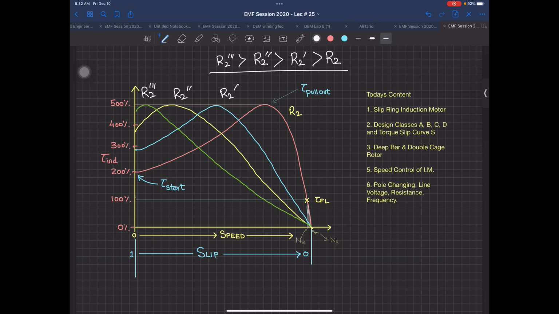But BLDCs use permanent magnets, and the cost of the magnets is 50% of the cost of the whole machine. So if a machine is supposedly $100, $50 of that is for the permanent magnets. And sadly, China has control of permanent magnets, almost 70 to 80% of the magnets.